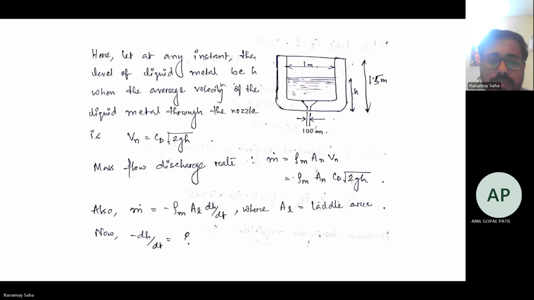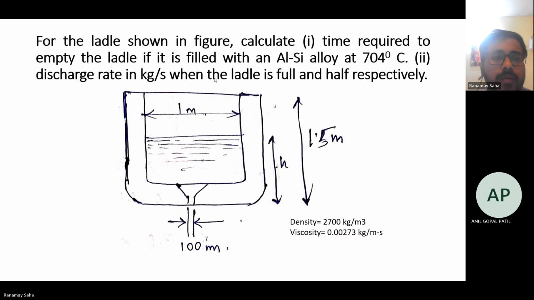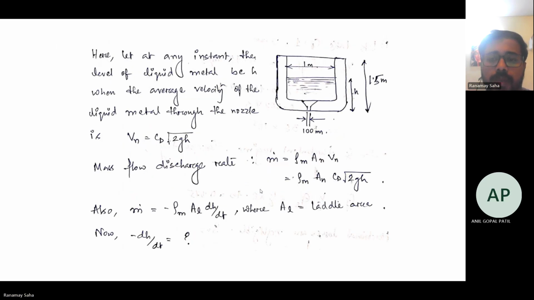There are two questions to be answered, for two situations: when the ladle is completely filled, and second, half filled. Find out the time of emptying the ladle as well as the discharge.